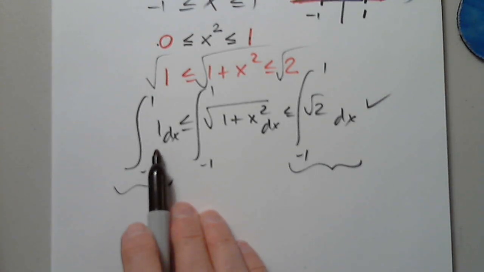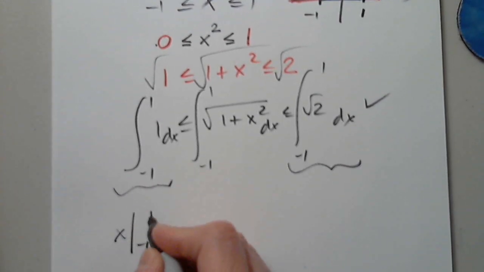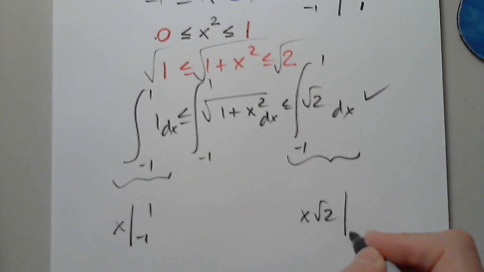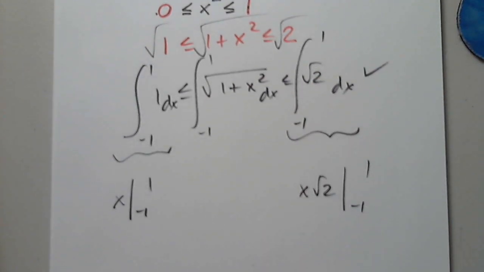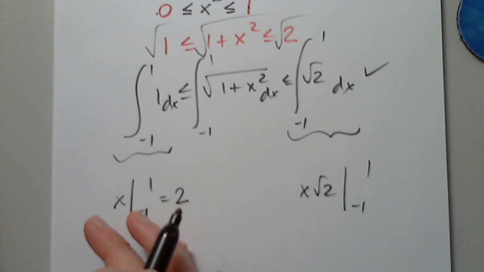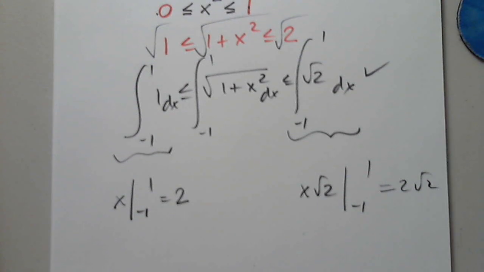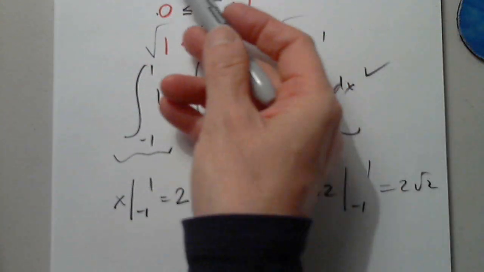When I calculate from this, I have x from -1 to 1. When I calculate from this, I have x times the square root of 2 from -1 to 1. I plug in 1, I subtract when I plug in -1. So this is 2, since 1 minus -1 is 2. The same thing here, 2 times the square root of 2. And I'm done.